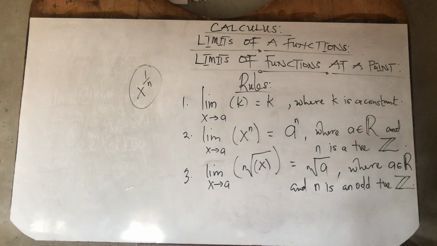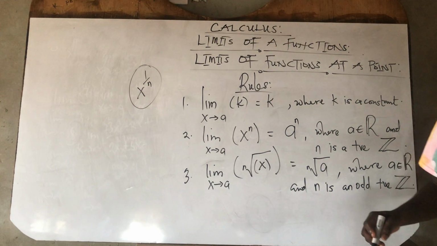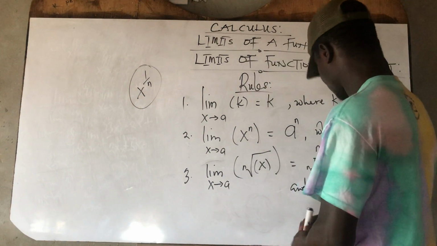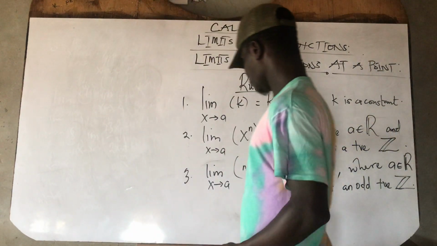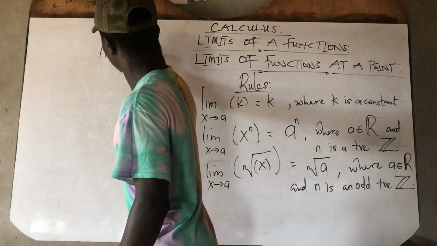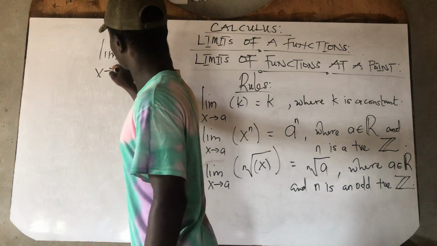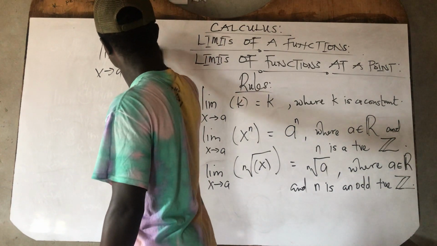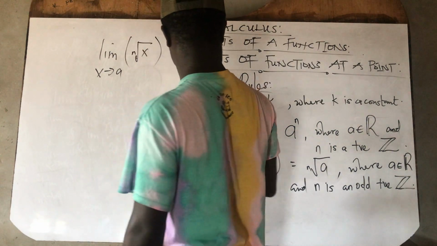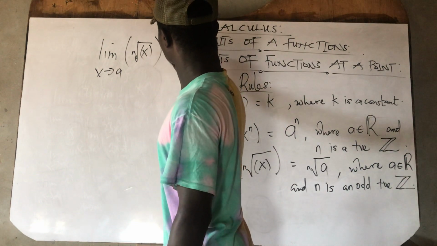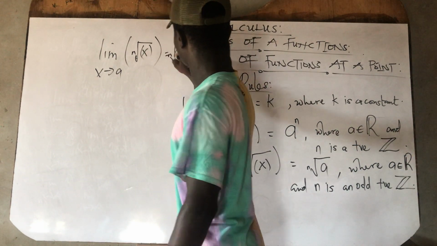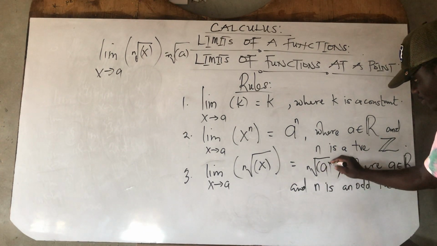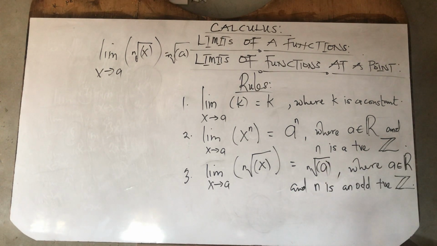Alright. So we can also give this one again as the limit as x approaches a of the nth root of x, which the answer will be the nth root of a.